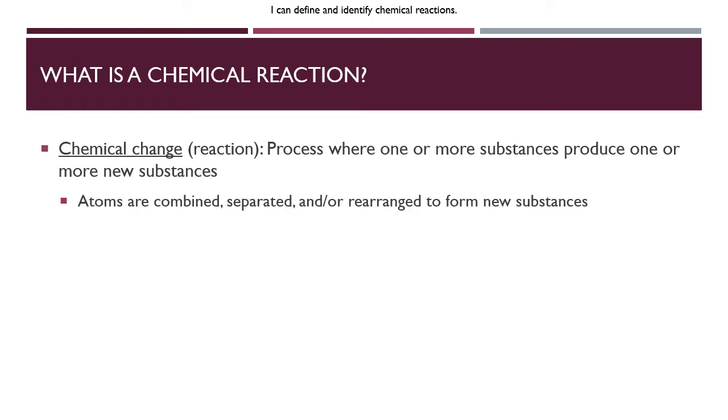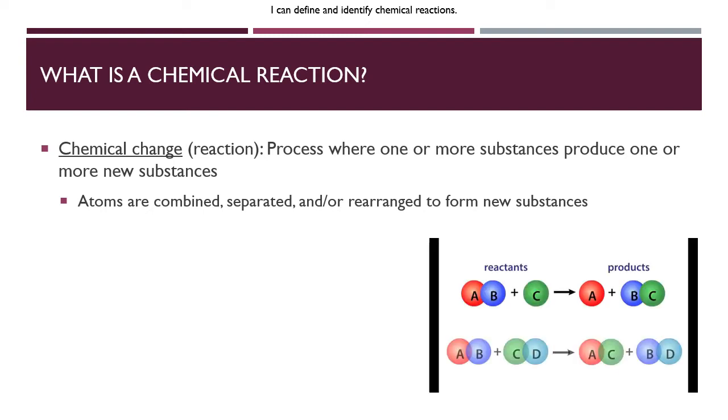But whenever we say a new substance is formed, what happens is atoms are combined, separated, and or rearranged to form those new substances. So it's not as if this new substance just comes from nowhere. The new substance or substances that are produced come from the starting materials. The atoms are simply arranged differently, whether they're combined, separated, or rearranged, to give us those new substances.